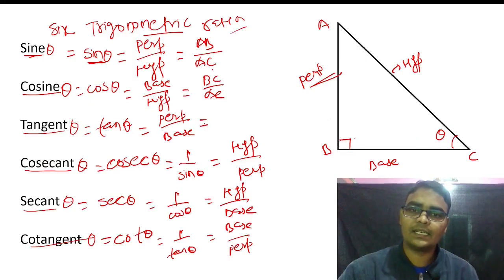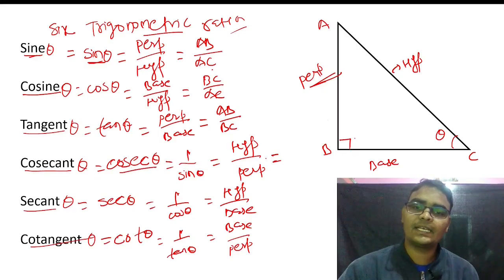Tan theta we write as perpendicular upon base, so perpendicular is AB and base is BC. Now cosec theta, hypotenuse upon perpendicular. Hypotenuse is AC and perpendicular is AB. Cosec theta is the reciprocal of sin theta, so cosec theta is AC upon AB and sin theta is AB upon AC.